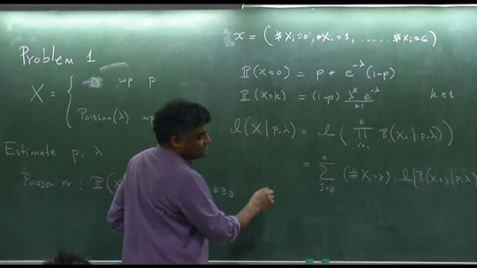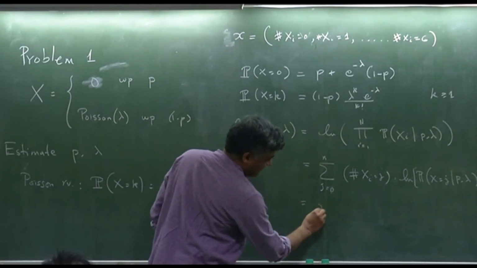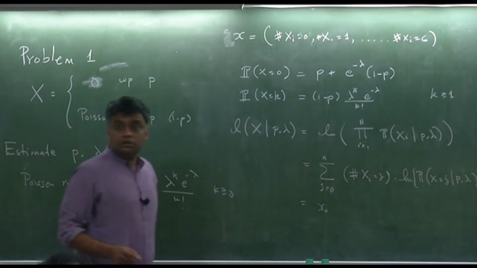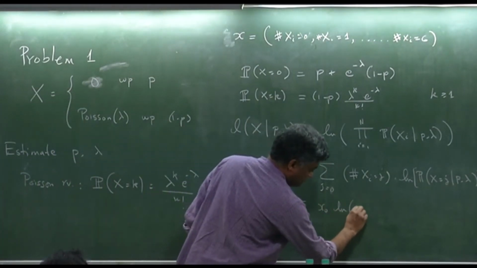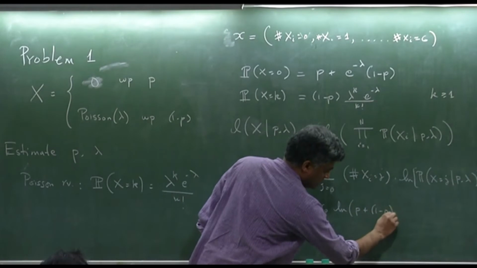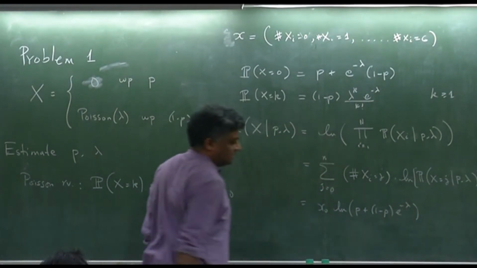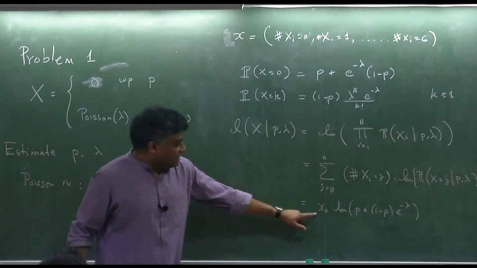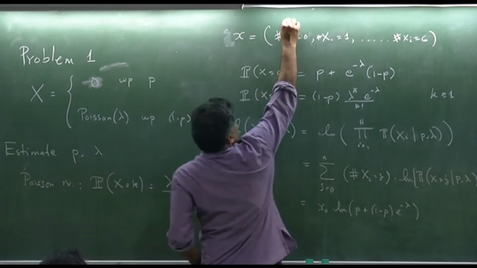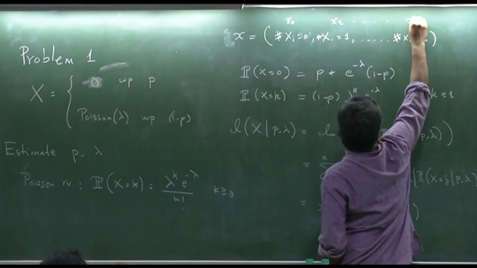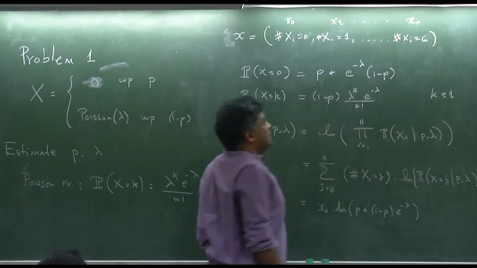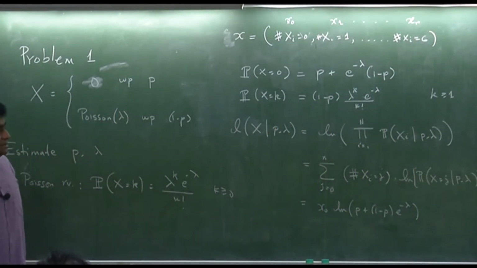Okay? So if we expand this for our story, this will be x0 times log of p plus (1 minus p) e to the minus lambda. And here I'm referring to x0 from here. So this is my x0, x1 to xn, let's say, and n is equal to 6 in our case.